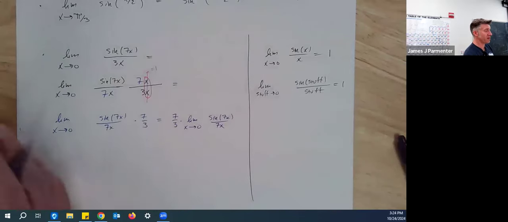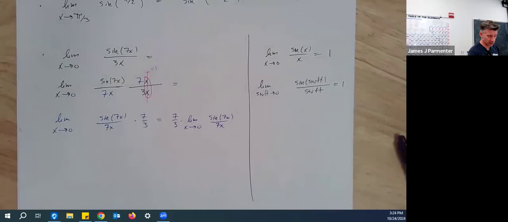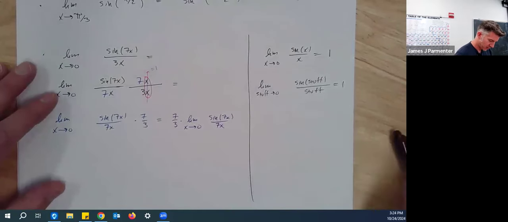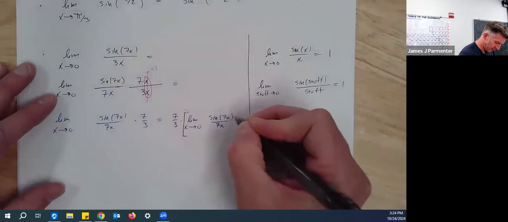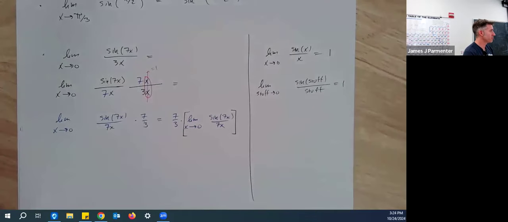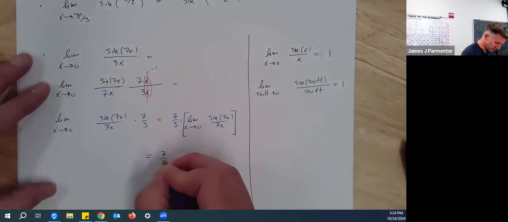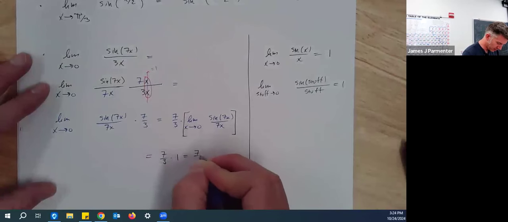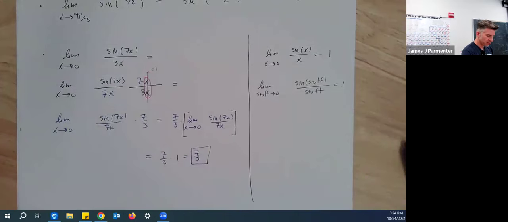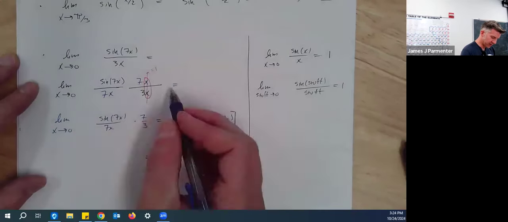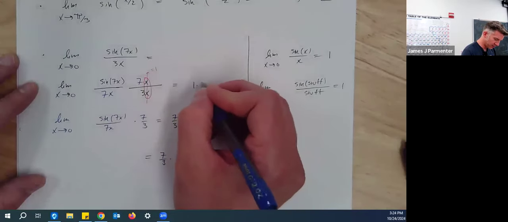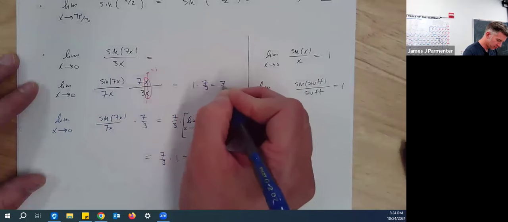I think this is overkill as far as how much work I'm showing, but I just want you to see it all. So then, what does this limit have to be equal to? Right. So the whole thing is equal to 7/3 times 1, which is 7/3. For me, I probably at this point would have just said, right here, it's equal to 1 times 7/3, which is 7/3.